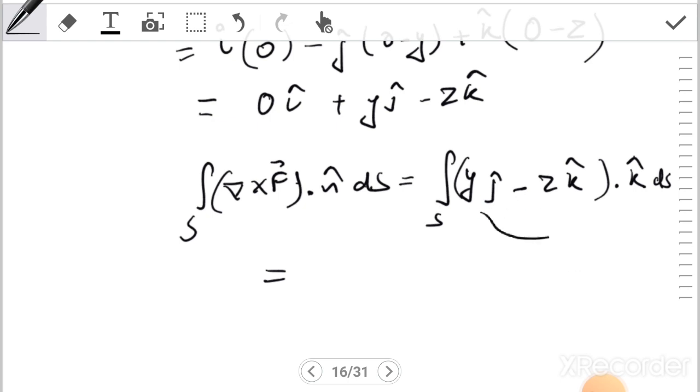So this is 0, and minus z k cap dot k cap is minus z. k cap dot k cap is 1 since cos 0 is 1. So minus z ds.